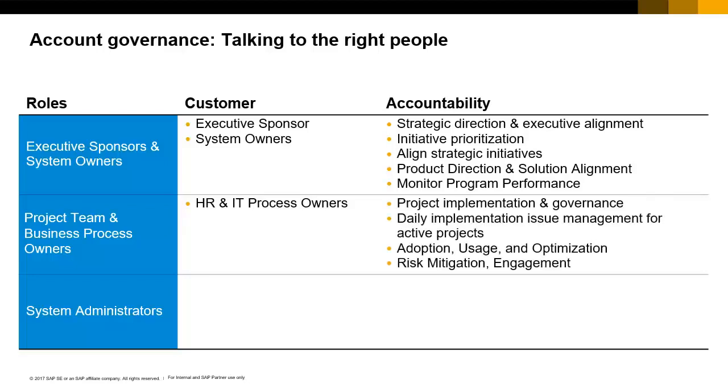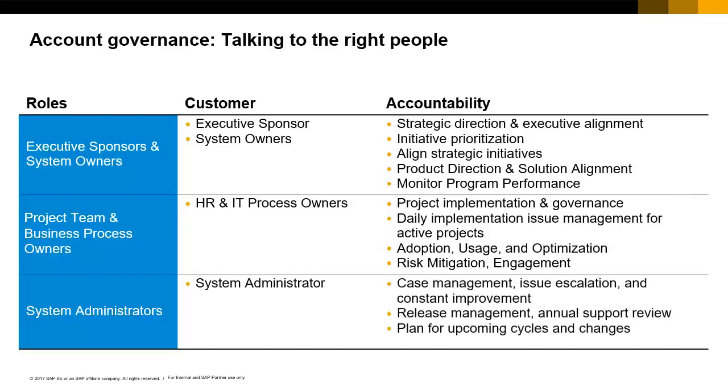While the CE may not be the main contact for each one of these resources, it's important that we know who is aligned to ensure that both the appropriate strategic and tactical conversations are taking place. This is because effective account governance requires that the right conversations are happening at all levels.